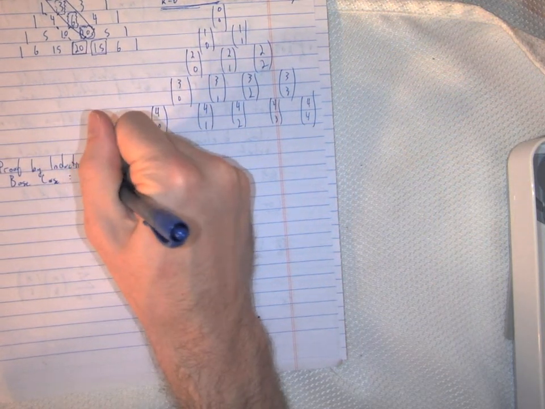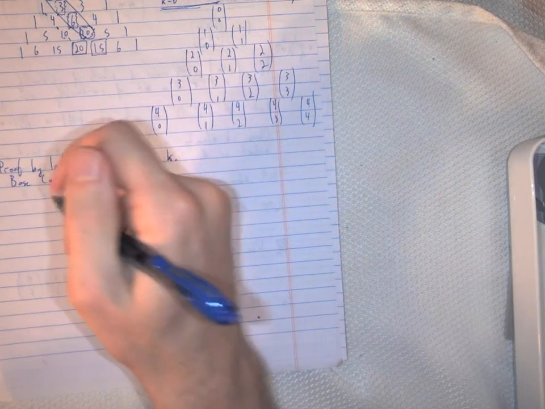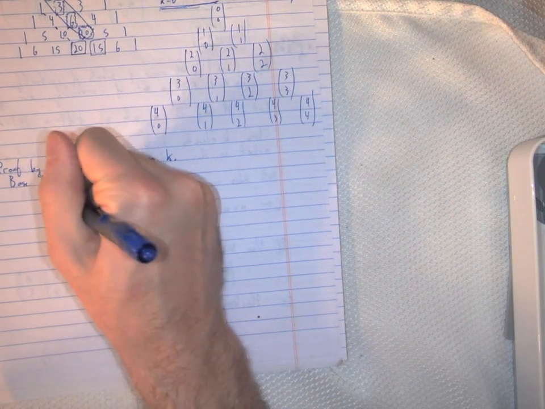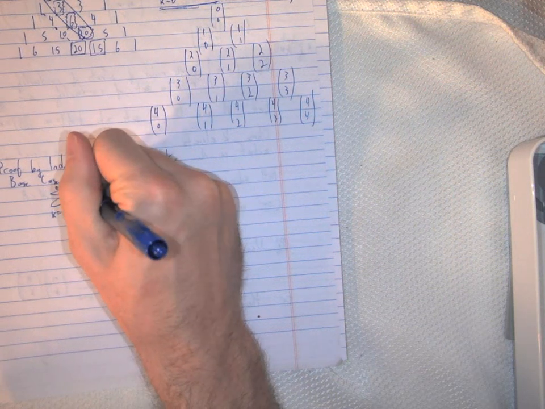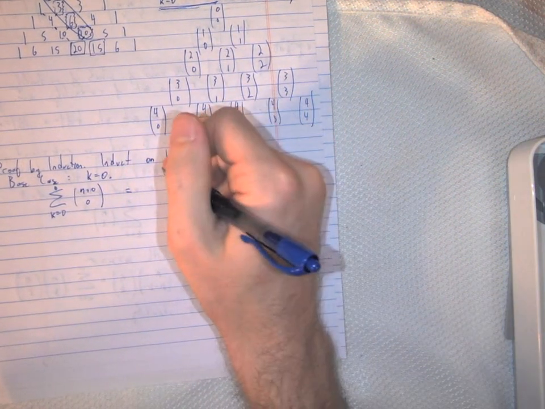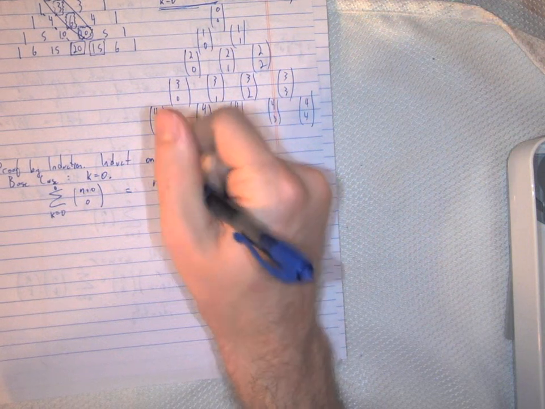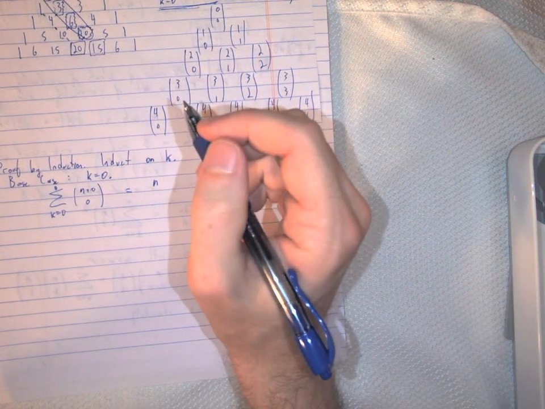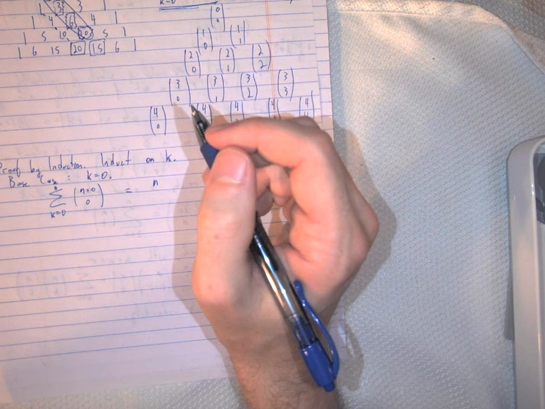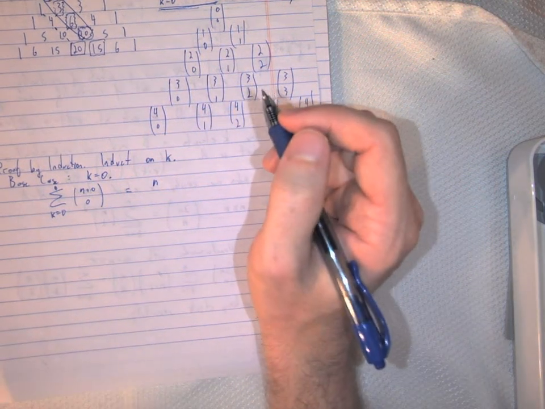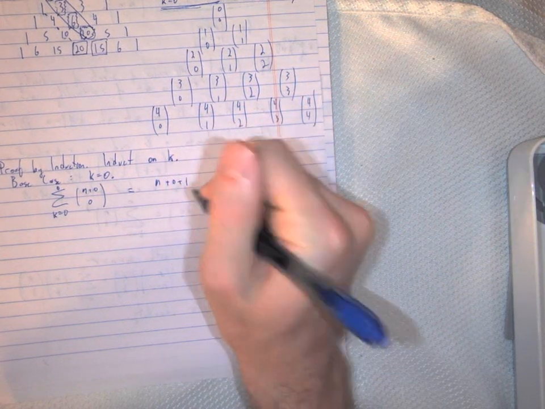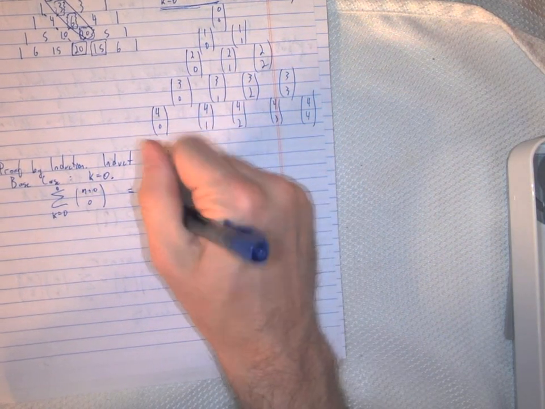When K is equal to 0, this identity is just saying the sum from K is equal to 0 up to 0 of n plus 0 choose 0 is equal to n plus 0 plus 1 choose 0.